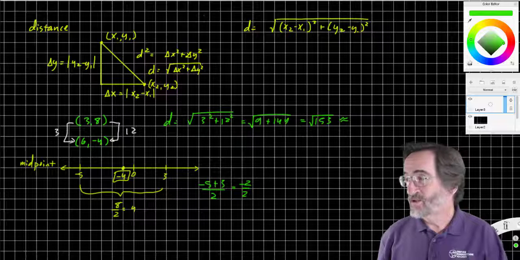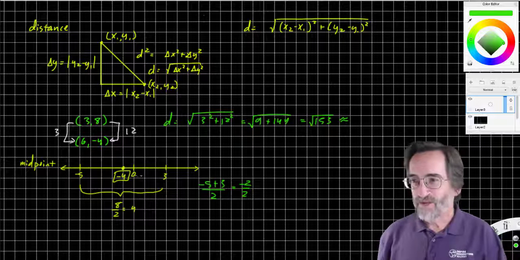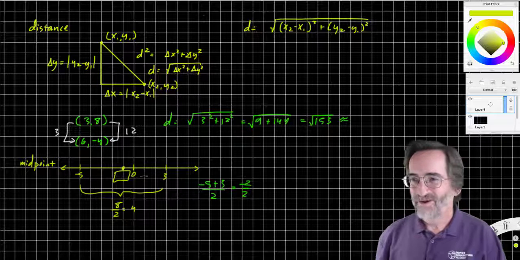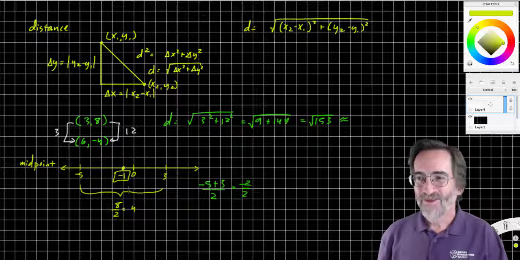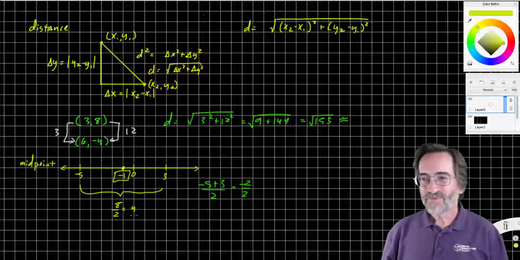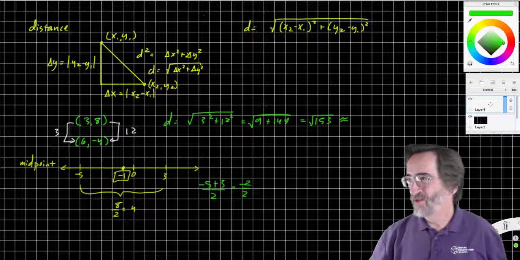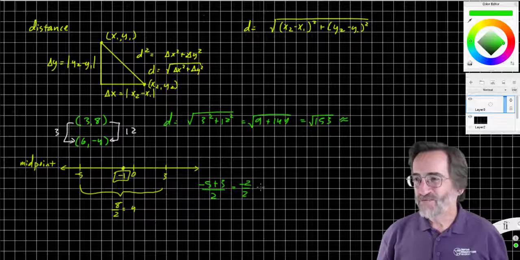My mistake. You were probably screaming at the camera, "What are you doing?" That's not negative 4. That's negative 1. We counted off 4 from negative 5, and we counted off 4 from 3, and ended up at negative 1. My apologies. Negative 2 divided by 2 is negative 1.